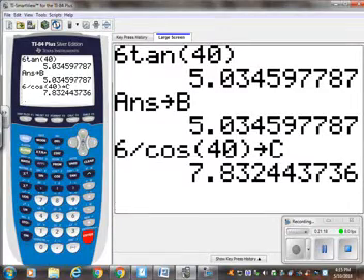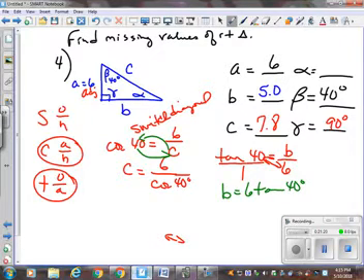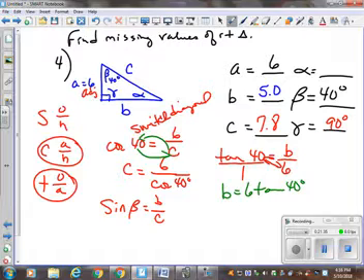Let me explain why. To find your angle, you would use sine of beta equals opposite, which is B, over hypotenuse, which is C. And then you would inverse both sides.